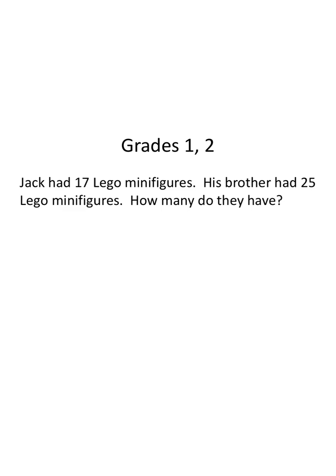Okay, now we're getting into bigger numbers, so we're going to quit drawing every single one because that would take too long and the kids would get lost in their drawings and never get the math. So Jack had 17 Lego minifigures. His brother had 25 Lego minifigures. How many do they have? So this is a part-whole.